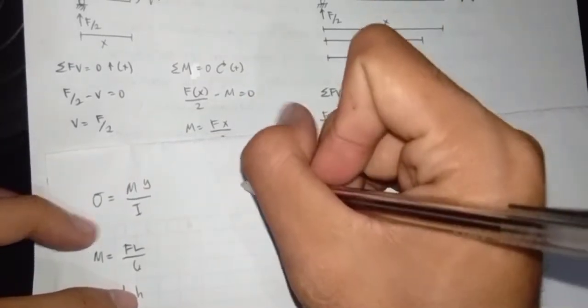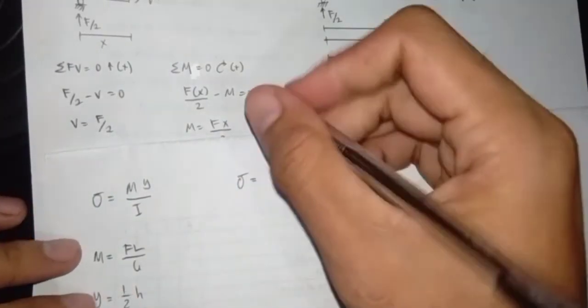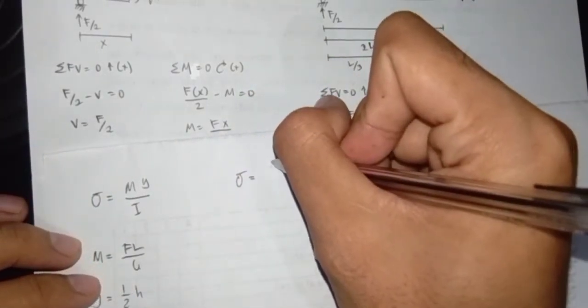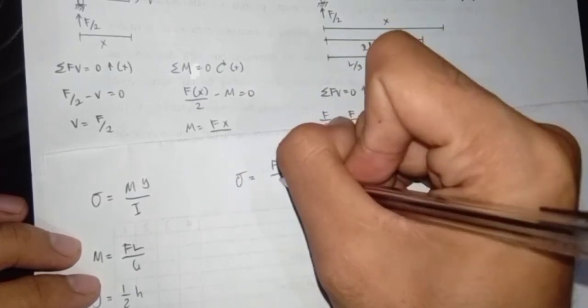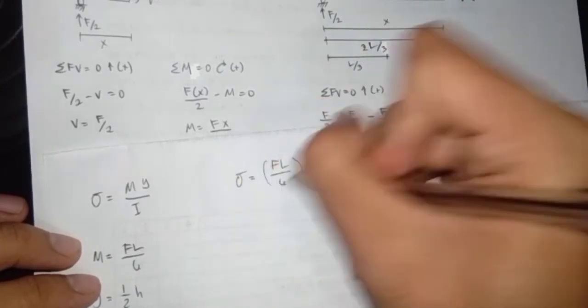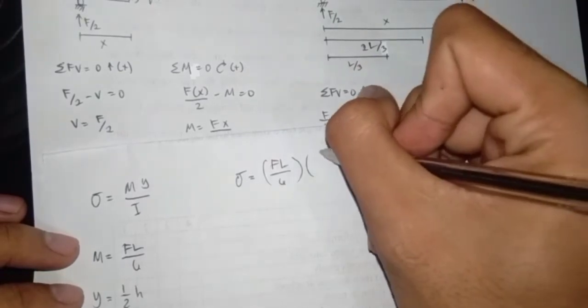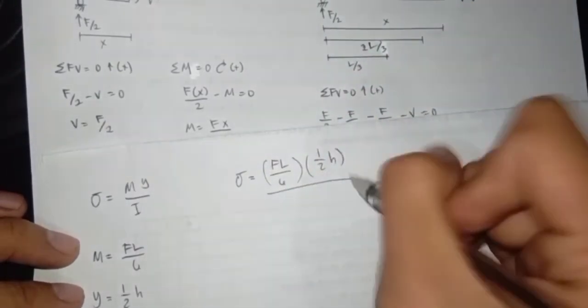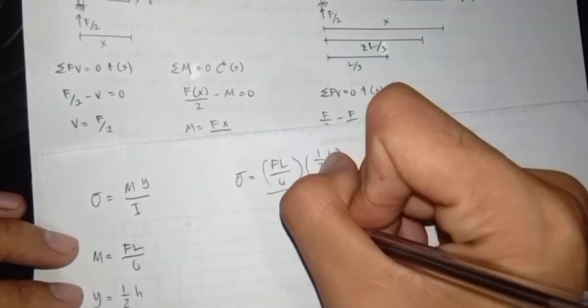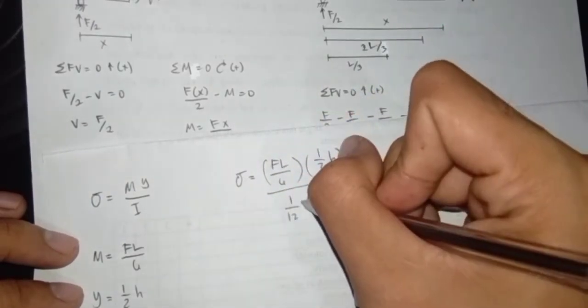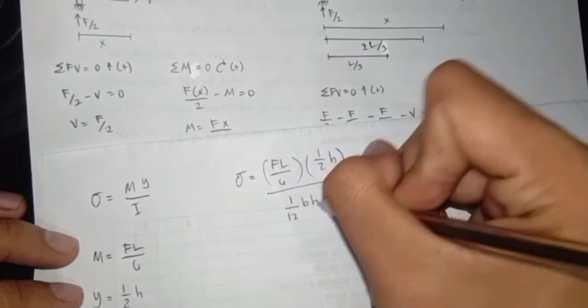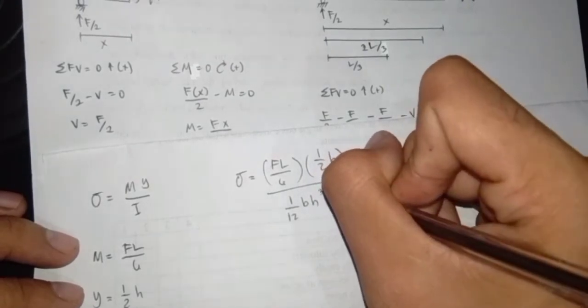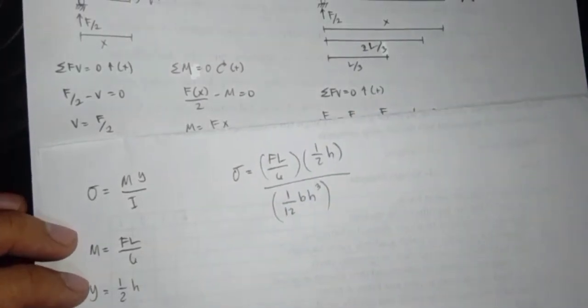So, ito na siya. FL over 6 times 1/2 height, all over 1 all over 12 base times height to the third power.